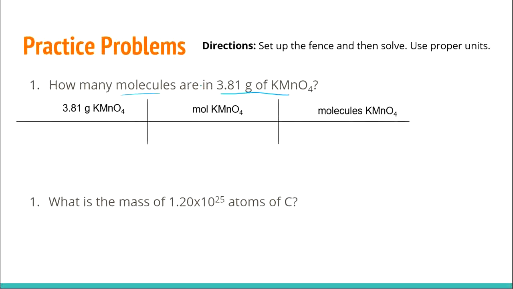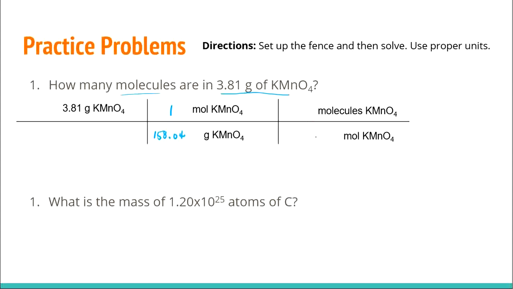So we're going to replace that with the fence, copy down the unit to the bottom of the fence, and then we're going to fill it in with numbers. We found the molar mass of KMnO4 previously. We know the molar mass is 158.04 grams per mole. So where do those numbers go? 1 will go next to mole, and 158.04 grams goes on the bottom.